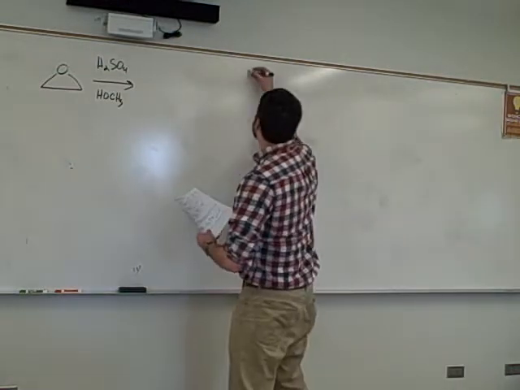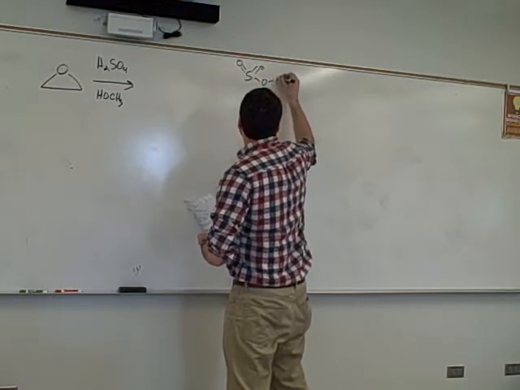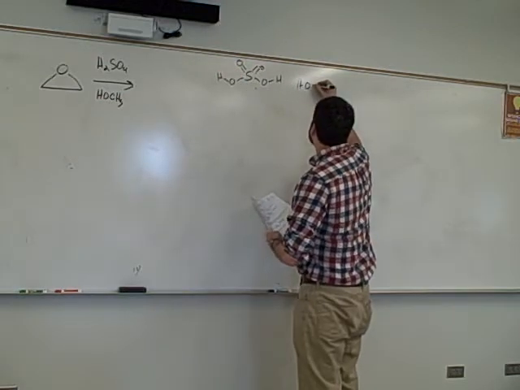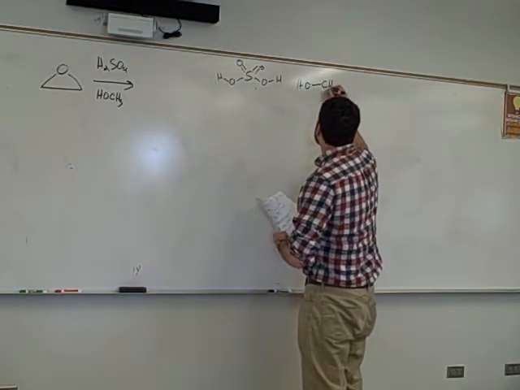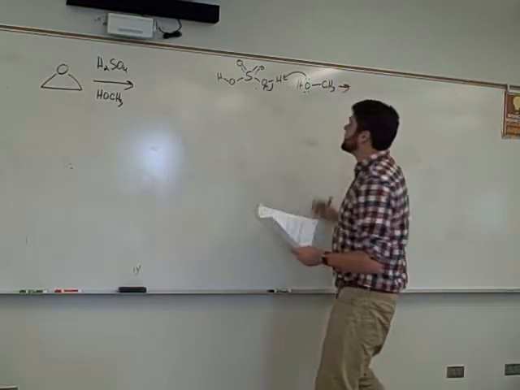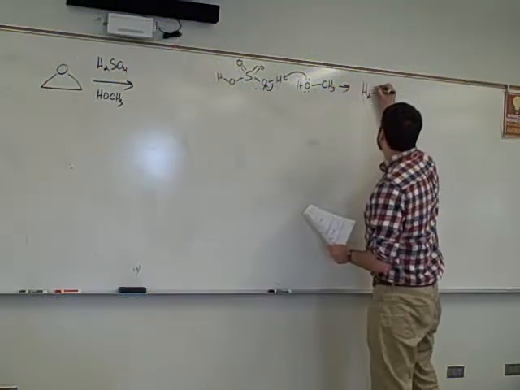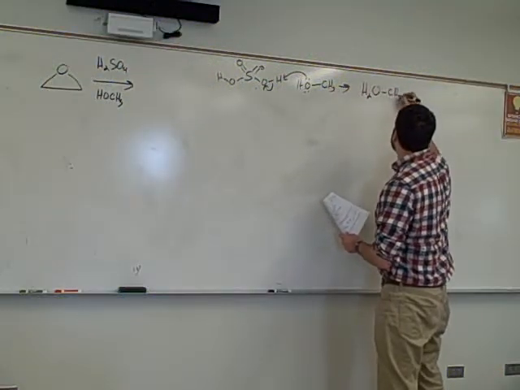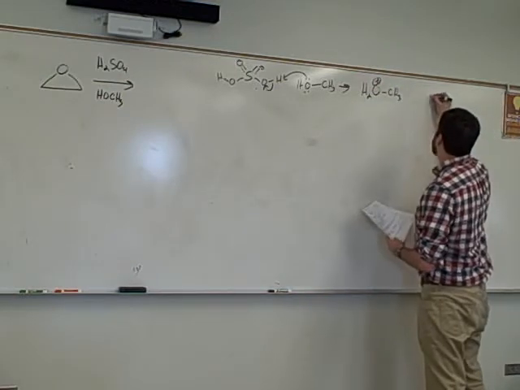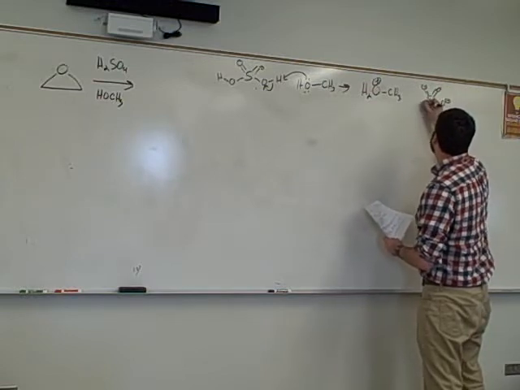Okay, so sulfuric acid looks like this. We're going to protonate our methanol from the sulfuric acid, and that will give us our oxonium ion here, H2OCH3 plus, so the oxonium bisulfate, O minus OH.